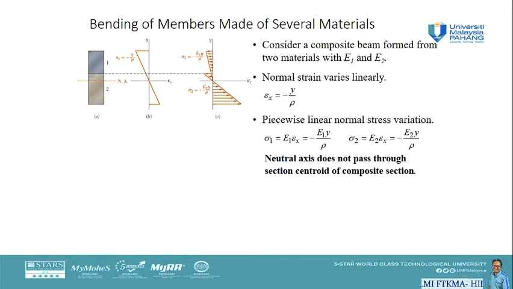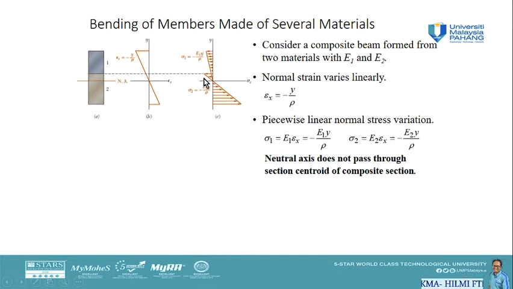So the stress distribution curve is obtained, and we find that it consists of two different segments of straight lines, as shown in this figure. Sigma 1, at a distance y from the neutral axis, would be the maximum for sigma 1.